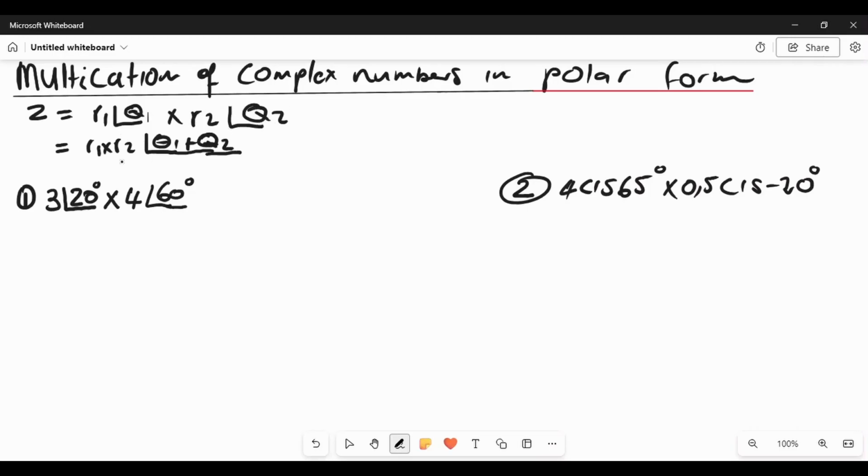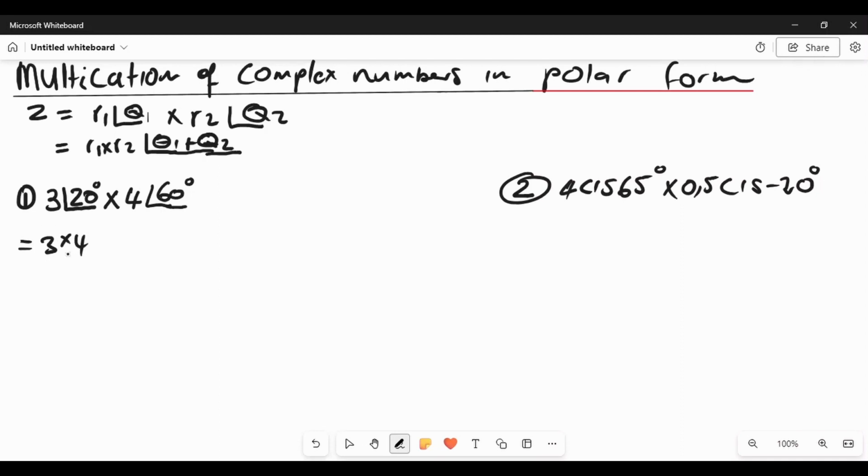Now let's make an example with number 1. As you can see here, our modulus is 3 and our argument is 20 degrees, multiplied by this polar complex number where our modulus is 4 and our argument is 60. So when we find the answer here, it's going to be 3 multiplied by 4.